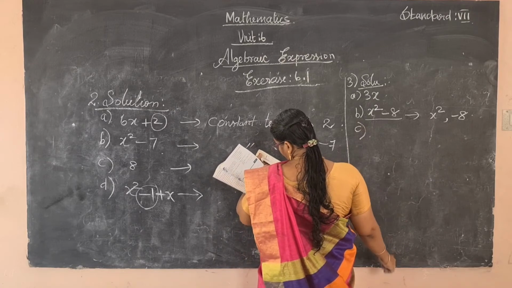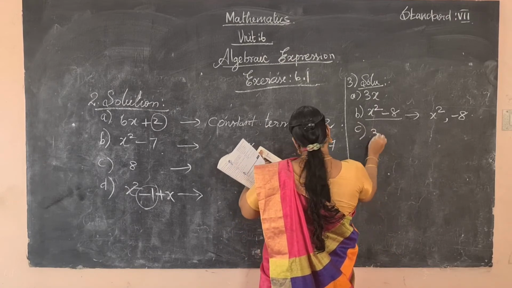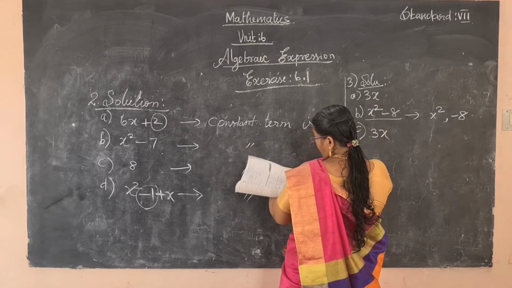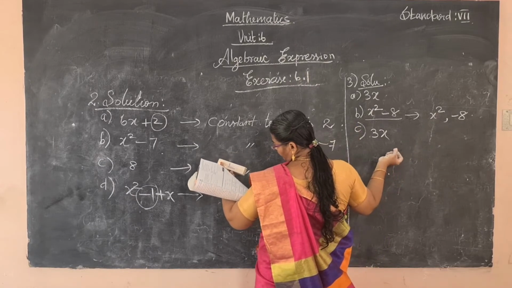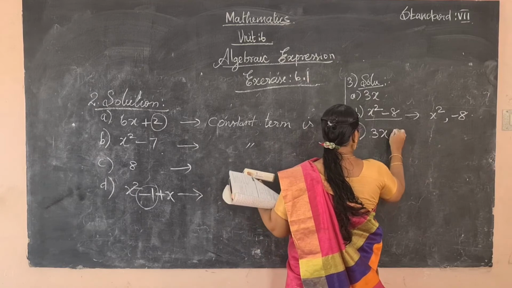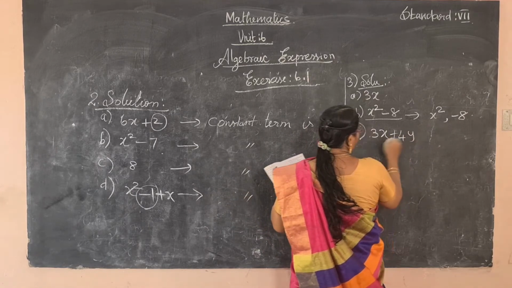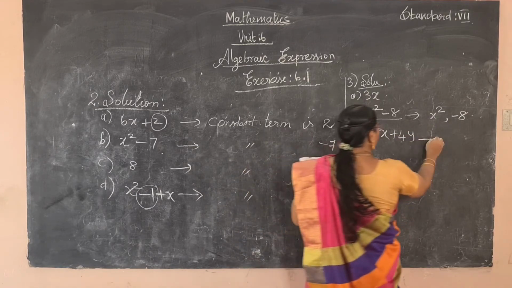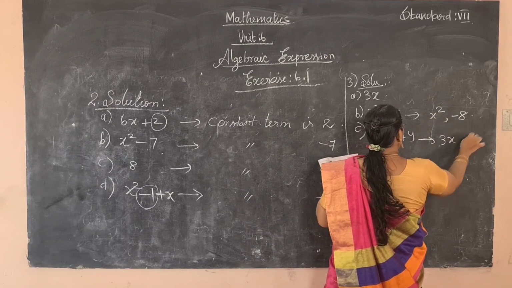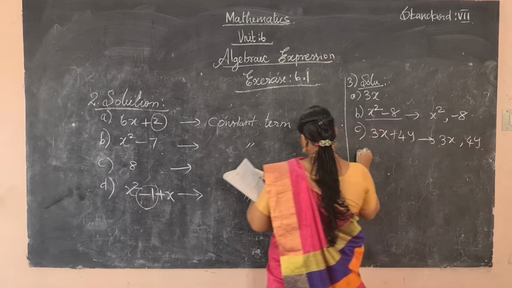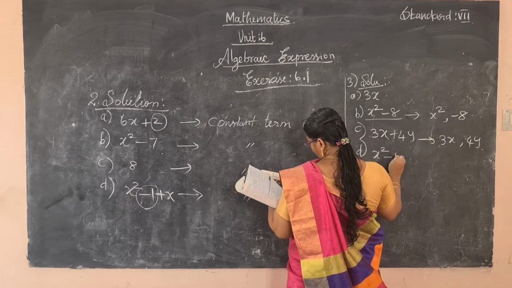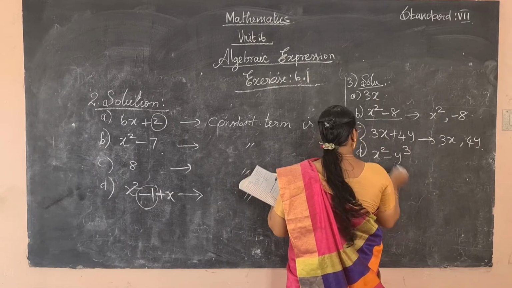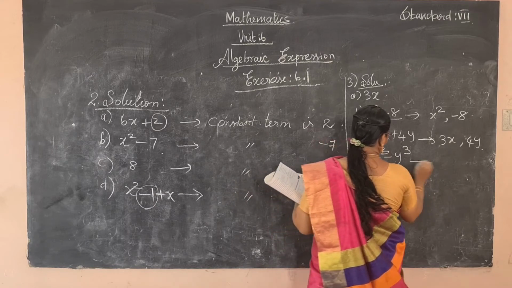Next one, C, 3x plus 4y. Here also 2 terms. So they are 3x comma 4y. And next D problem, x cube minus y cube.